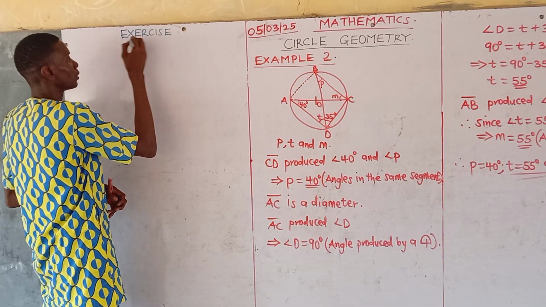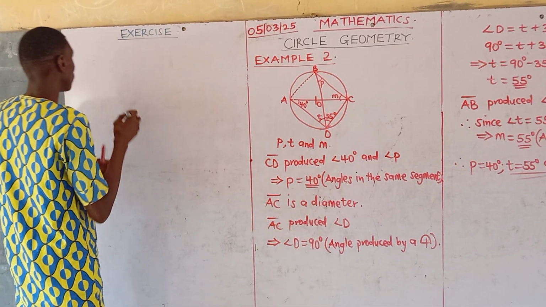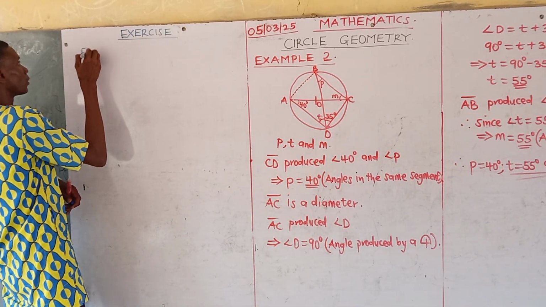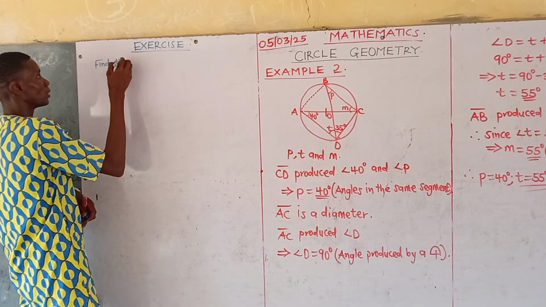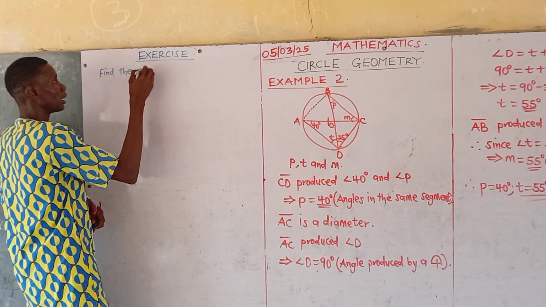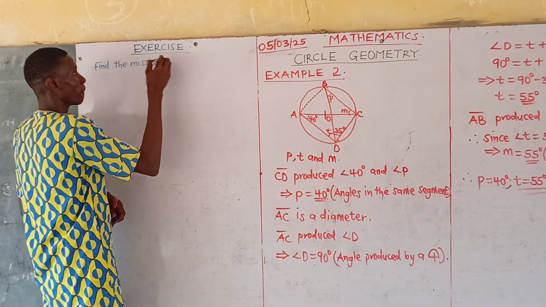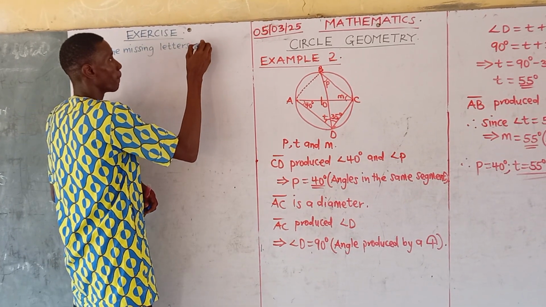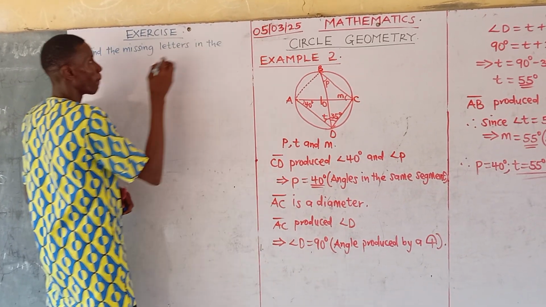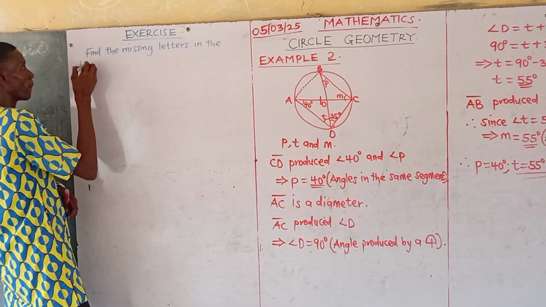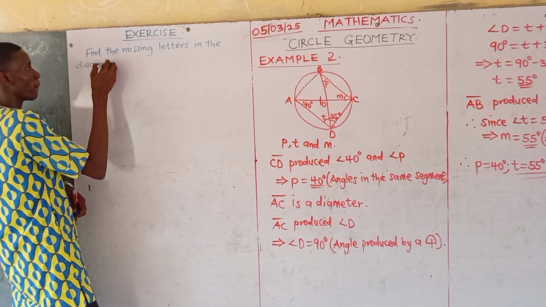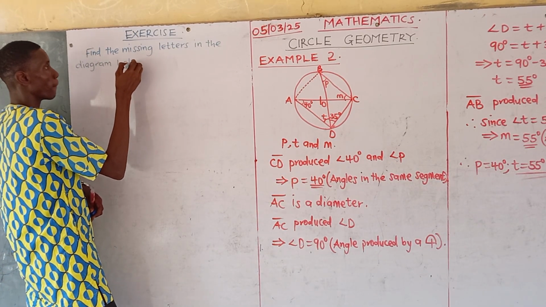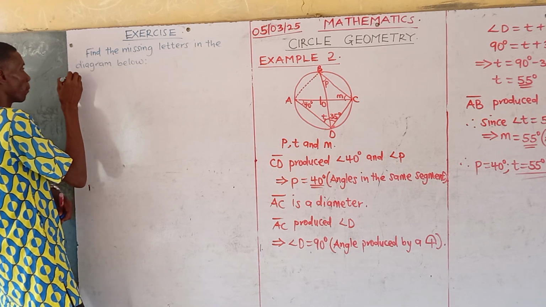Exercise. Find the missing letters in the diagram below. Number 1.